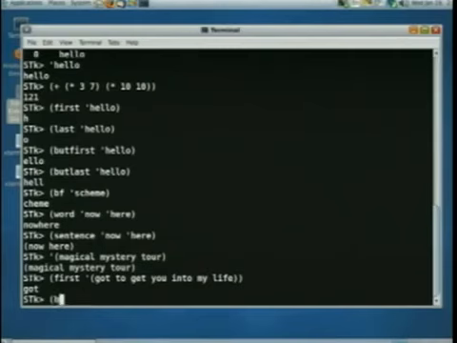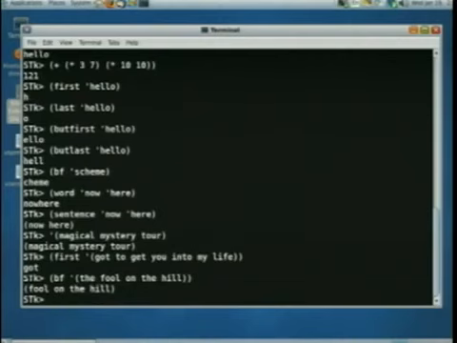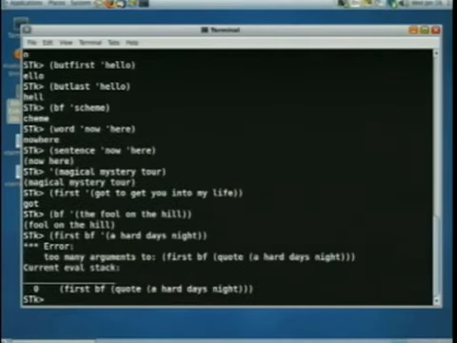So, but first of, all but the first word. Okay? And these can be composed also. So I can say first of but first of, oops. Oh, sorry.